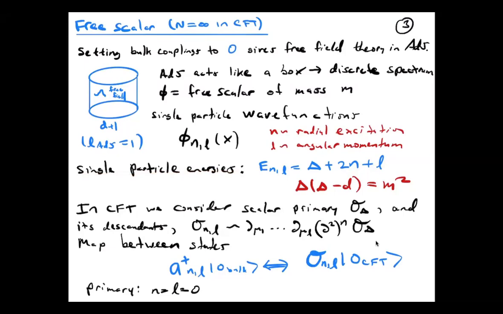Okay, and then on the CFT side, we should have a corresponding spectrum of operators. And so we arrange things by representations of the conformal group. We can start with some scalar primary operator of scaling dimension Delta. And then we also have its conformal descendants, which are just derivatives of the primary.